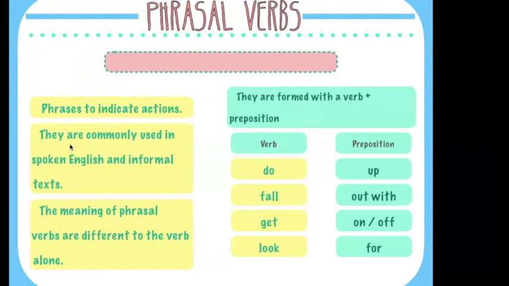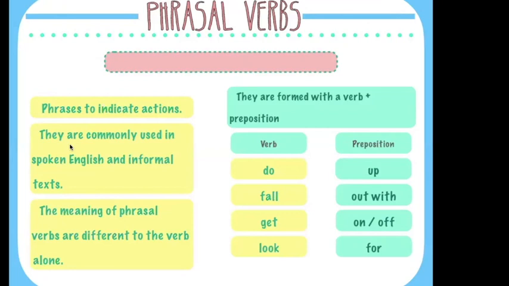In a formal situation, like at work or at school, it's not very common to use them because it's an informal way to speak, but it's really, really useful. The meaning of phrasal verbs is different from the verb alone.